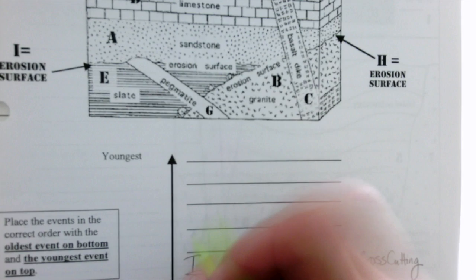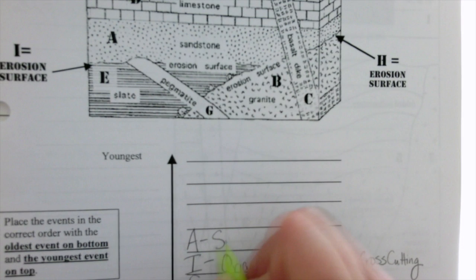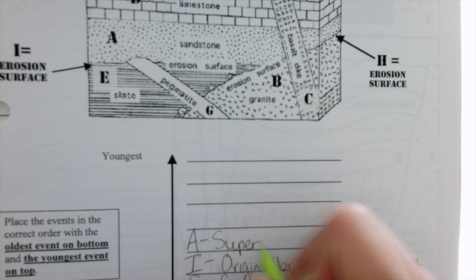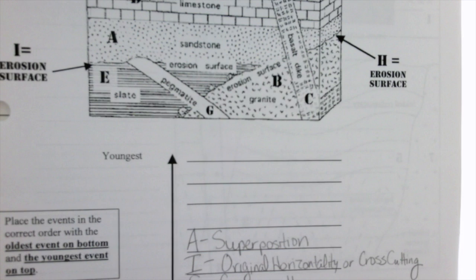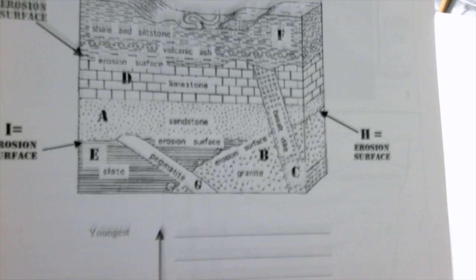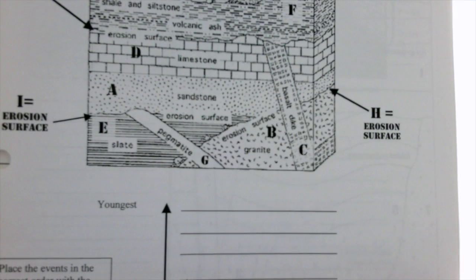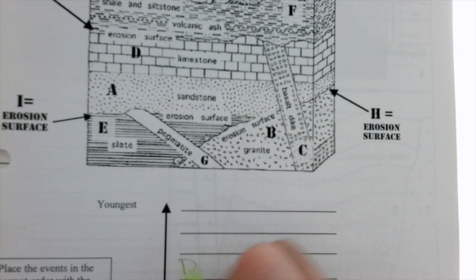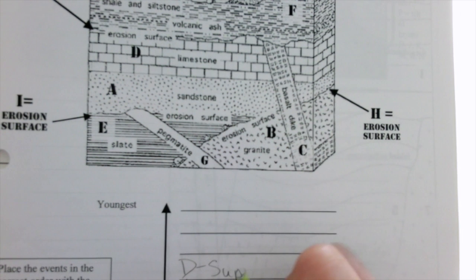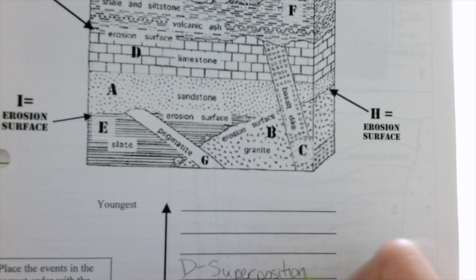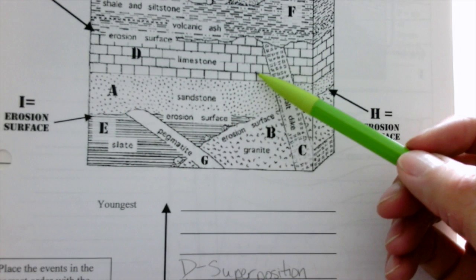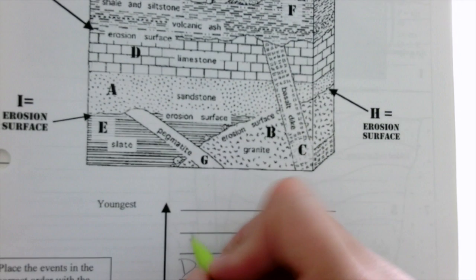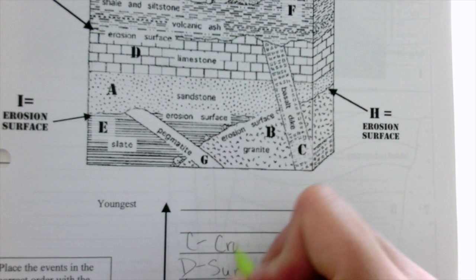After I comes A, by superposition, it's on top. Move our camera up a little bit here. Okay, and after A comes D by superposition. Notice how we're using superposition a lot. That's going to be your bread and butter. It's going to be the one that you're going to go to a lot. After D comes C by cross-cutting.